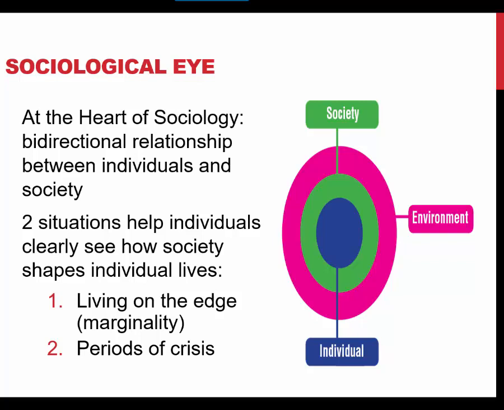What we have found is there are at least two types of situations where people can clearly see the role that society has in shaping their individual lives. One of those situations is when people live on the edge of society, or where people are what we call marginal. A person can be marginalized due to their social class, their race, ethnicity, nationality, immigration status, or their gender.